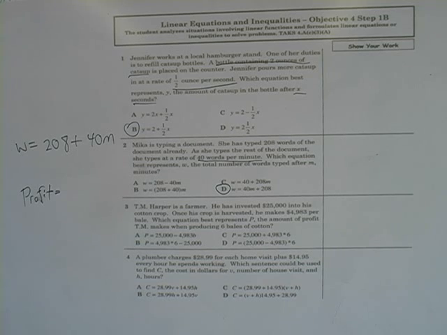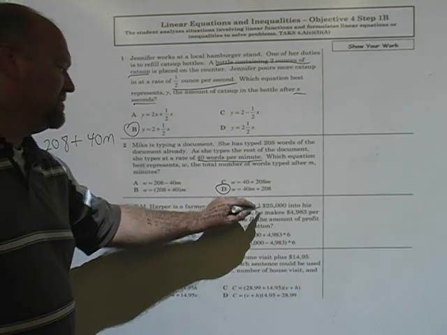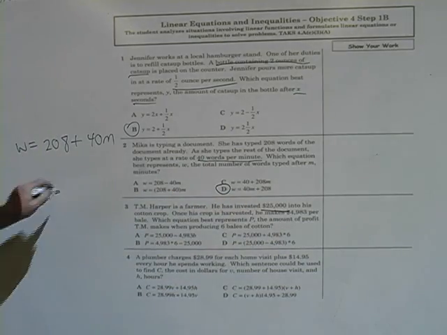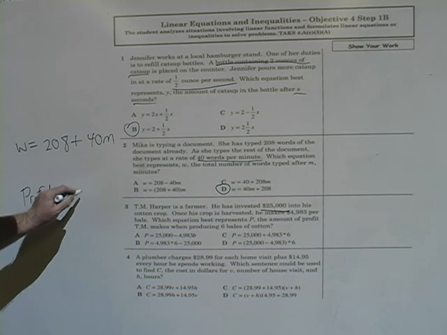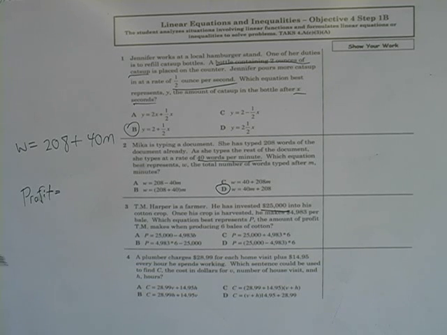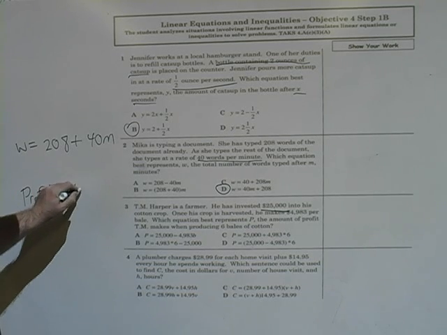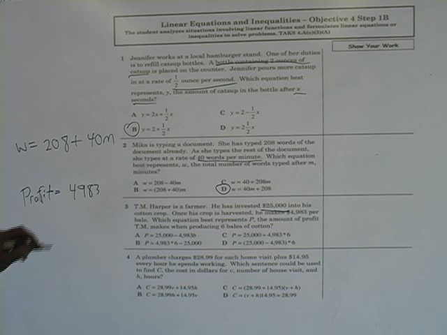In this case, well, it just says he spent $25,000, so he probably had to buy seed to make the cotton, and then he might have had to pay some laborers to put the seed in, okay? So it says he has $25,000 invested. So the profit here is going to be the amount that he got from selling cotton. It's going to be $49.83 per bale.